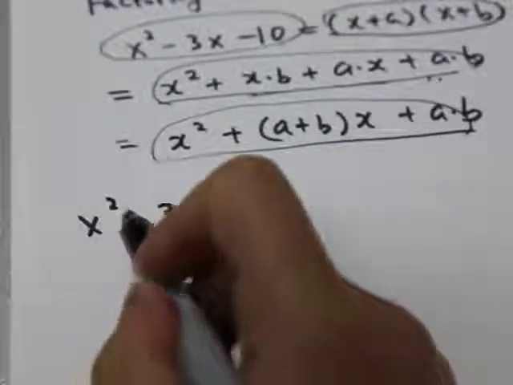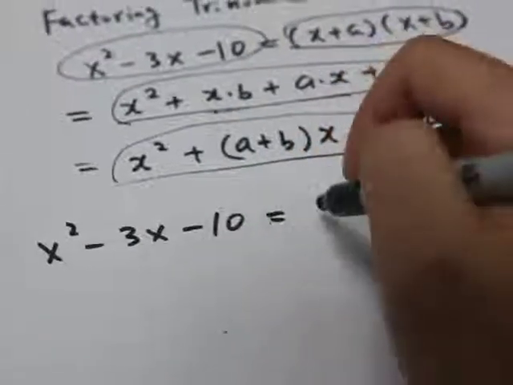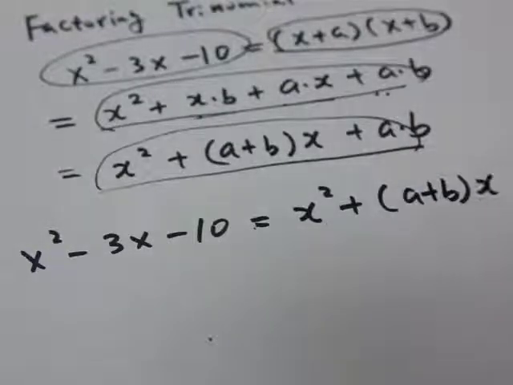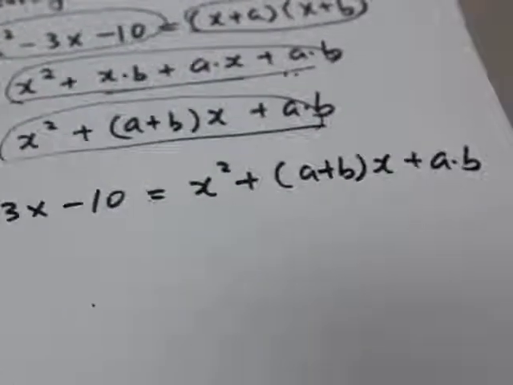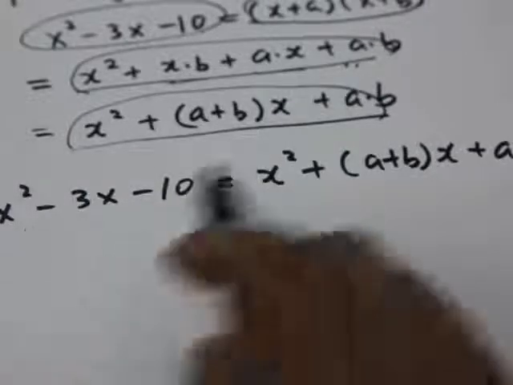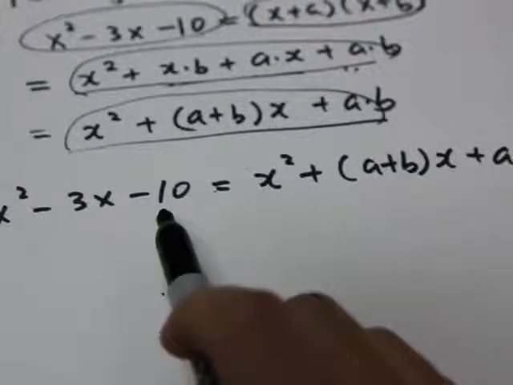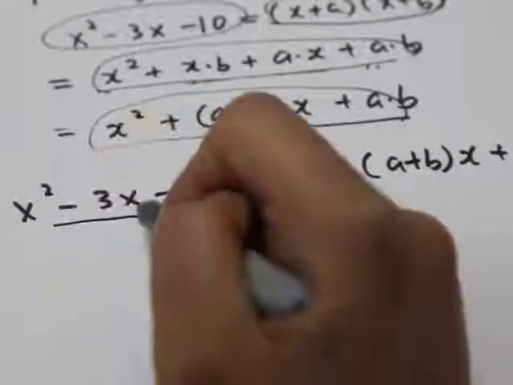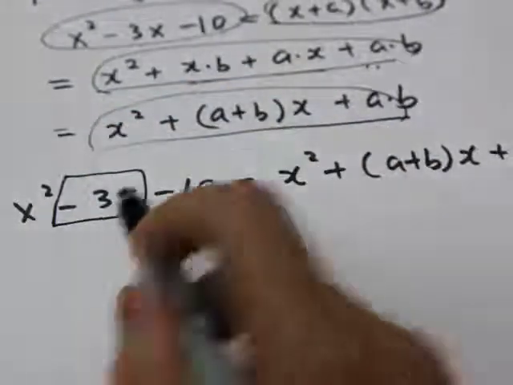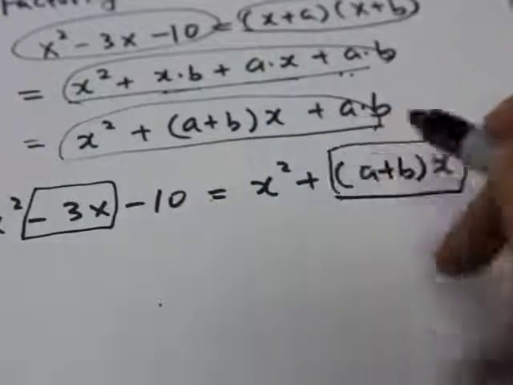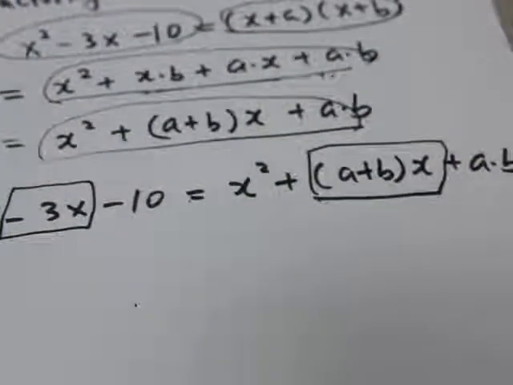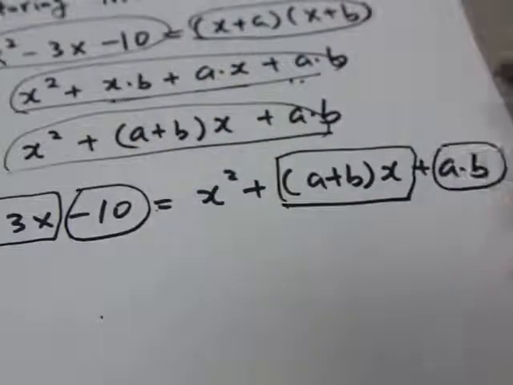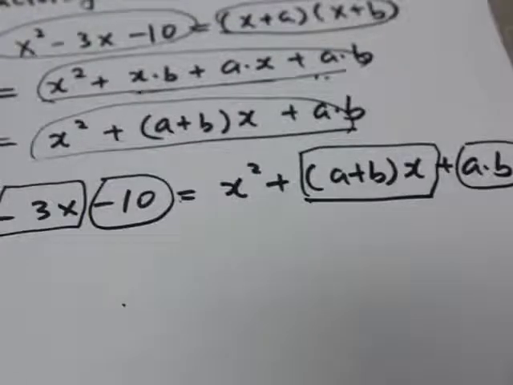That is, x squared minus 3x minus 10 is going to be equal to x squared plus a plus b times x plus a times b. Now if both sides are the same, that means negative 3x has to be equal to a plus b times x, and negative 10 has to be equal to a times b.